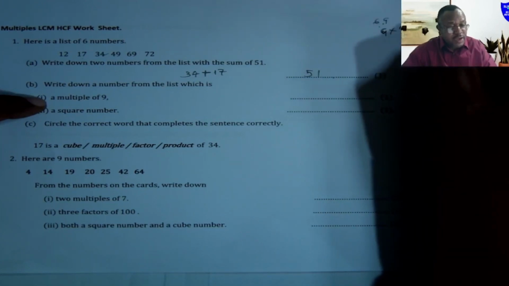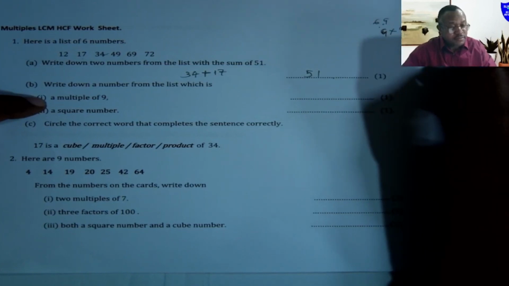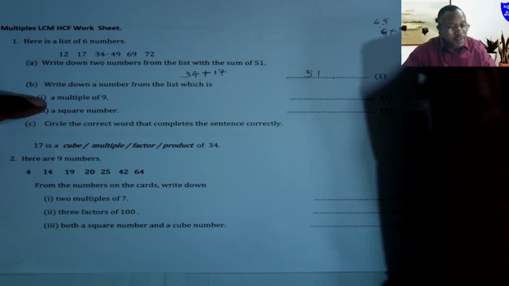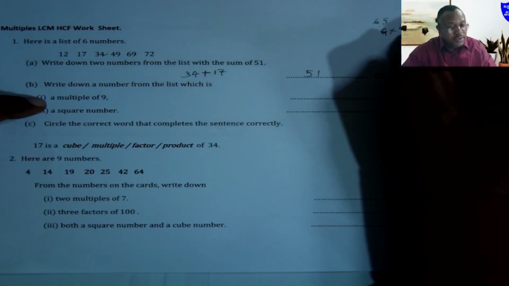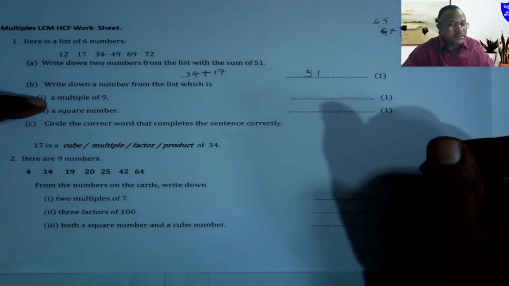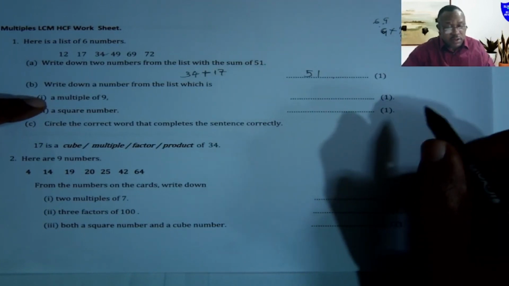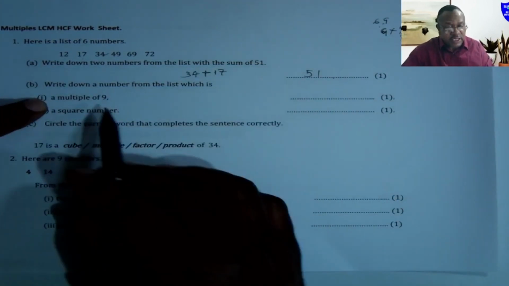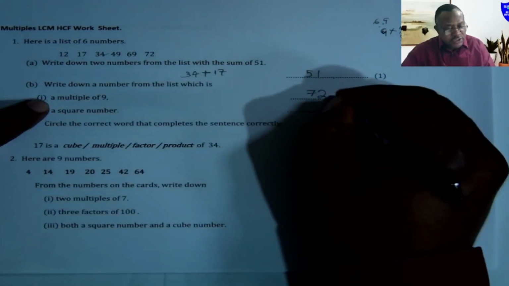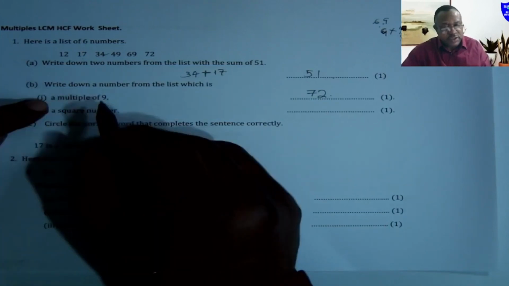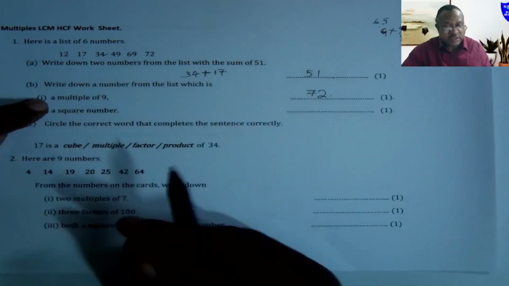If you take out 9, you're left with 2 and 7. It means 1 nine here has been taken out. You're remaining with 8 nines. So the number that is a multiple of 9 is 72, because 9 times 8 you get 72.